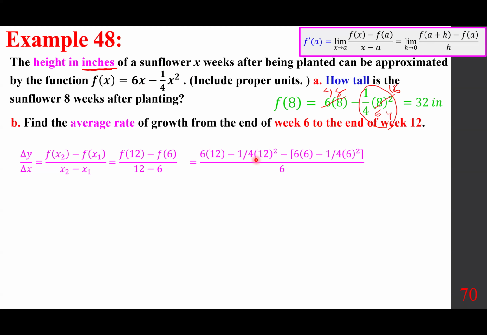This is 144, 1/4 of it is 36. So 72 minus 36. This one is 36. So is this one. 1/4 of it is 9. So 36 minus 9. Actually, if you apply the negative, everybody, this becomes negative, this becomes positive, these three cancel each other. So we get 9 over 6 or 3 halves.